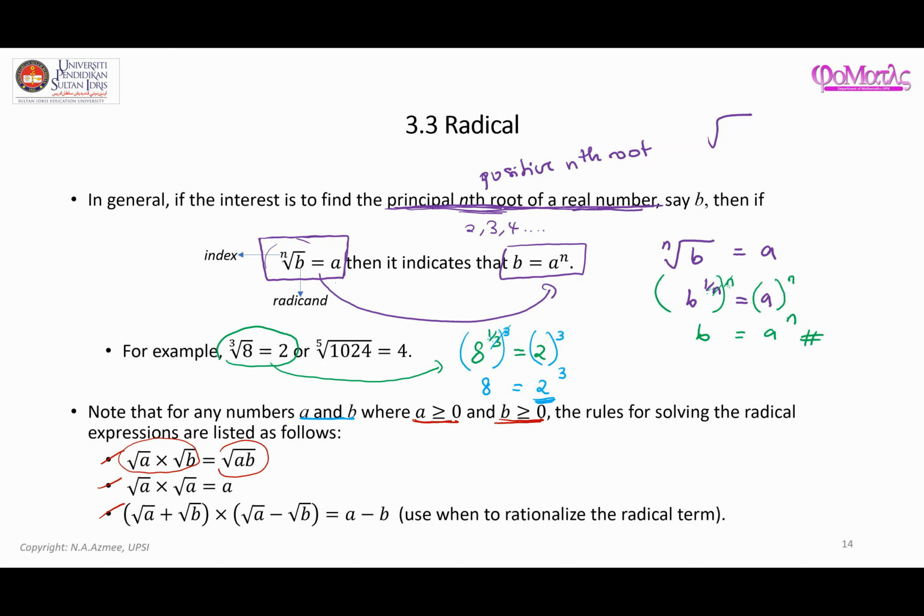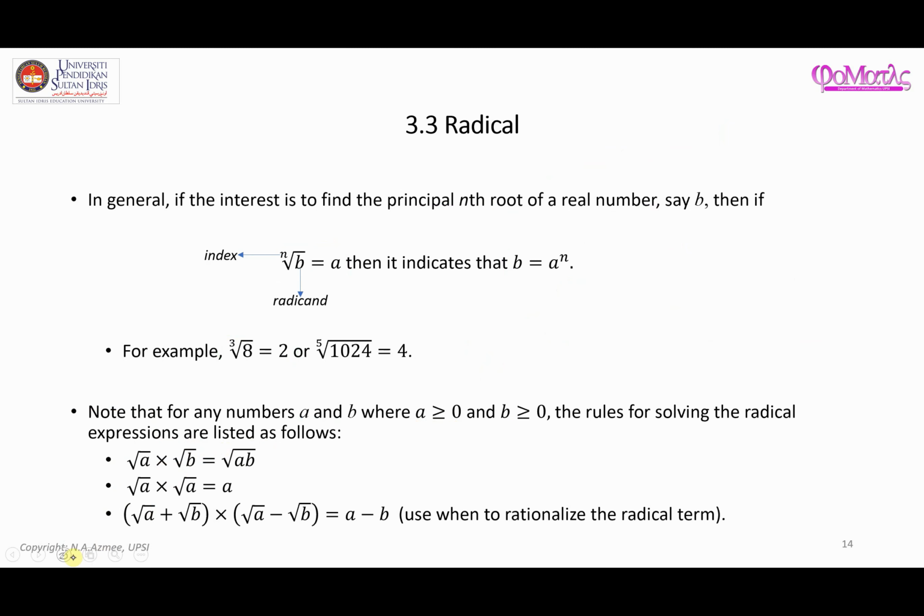So I'm going to start off with this part here. Let me just erase some of the slides. Okay, let's move on to this first. Here we have square root of a times square root of b. And here, if you want, you can write it in terms of fractional exponent.